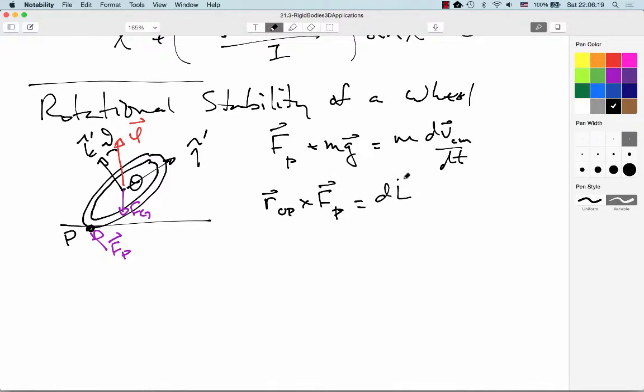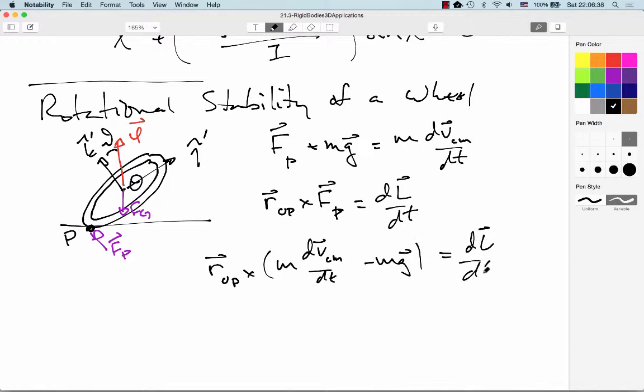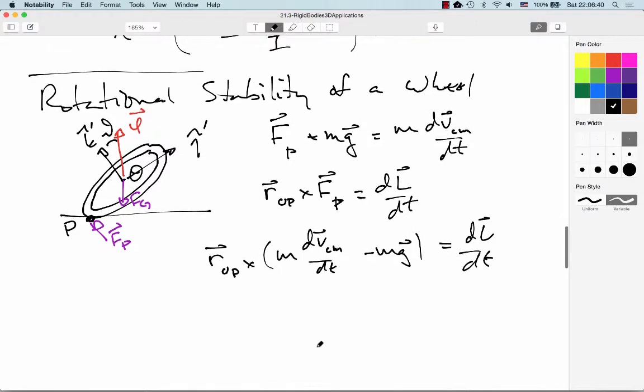So that's dL dt there, right? So solving that for F_P, we get r_OP crossed into m dv_cm dt minus mg has to equal dL dt.